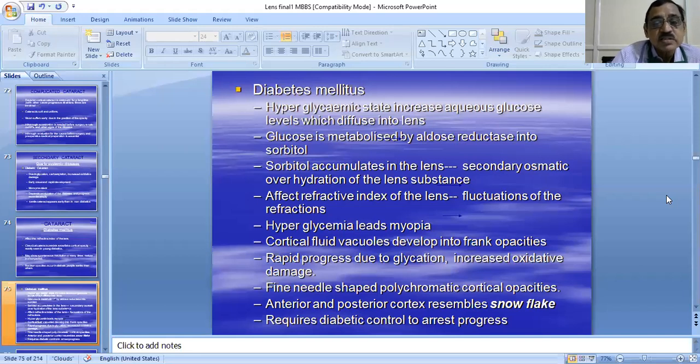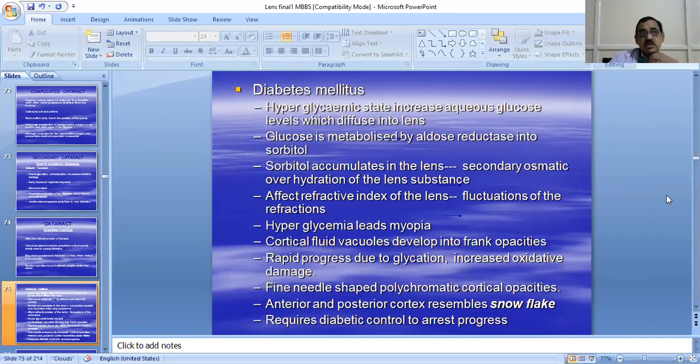Cortical fluid vacuoles develop into frank opacities in diabetic cataract, and rapid progress due to glycation and increased oxidative damage occurs in these cases. The appearance is fine needle-shaped polychromatic cortical opacities, and the anterior and posterior cortex show snowflake-like opacities.